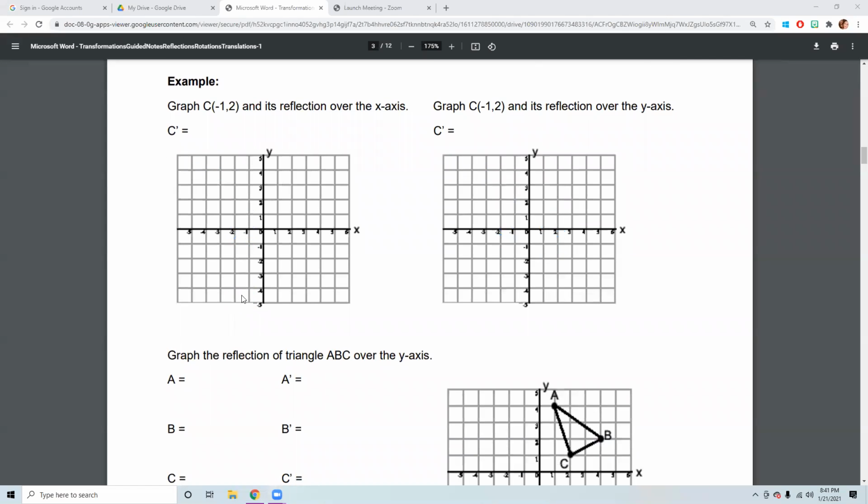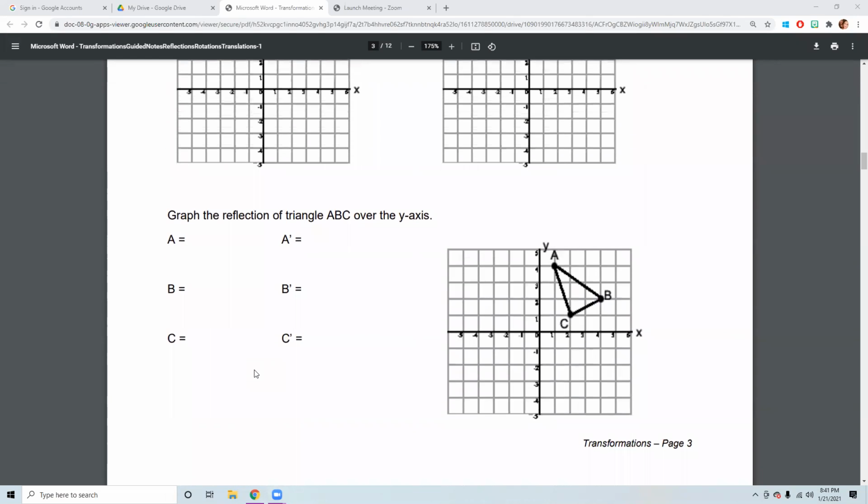All right, let's go and do one more practice problem together. We are graphing the reflection of triangle ABC over the y-axis. So it's asking us to come up with the points for A, B, C. So that's what we're going to do first. So point A is at +1 for our x, and 1, 2, 3, +4 for our y.